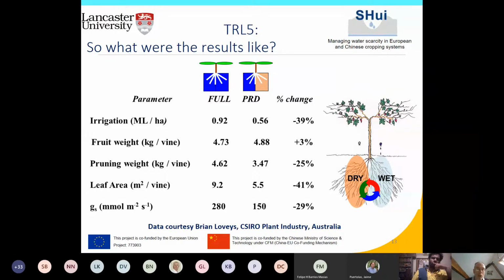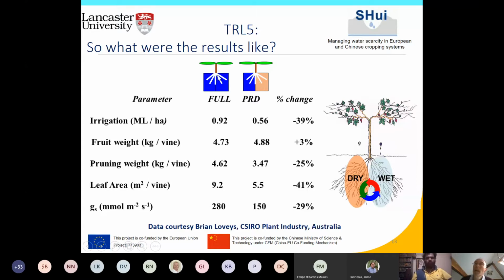But actually, in terms of an experimental design, this particular experiment has its limitations, and the limitations are that in this case, not only have you changed the irrigation volume with the partial root zone drying plants, but also you've changed where the irrigation is being applied to the root system.